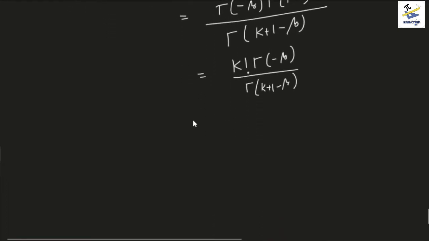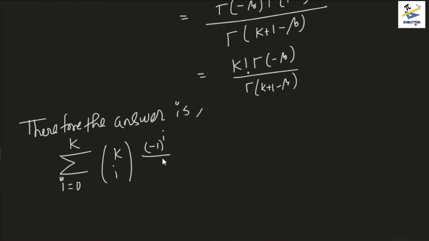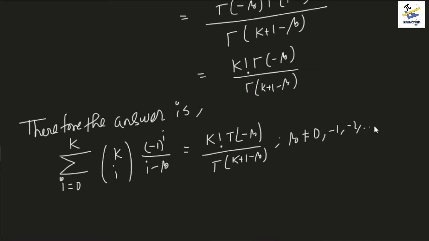Therefore we can see the answer is this, where beta is not equal to 0 or -1 or -2 and so on.